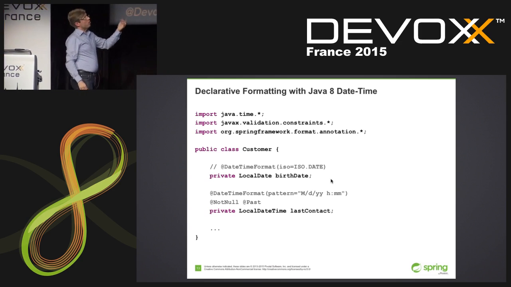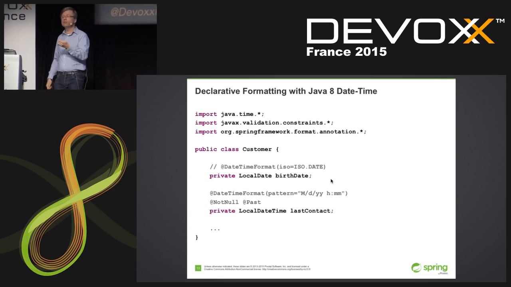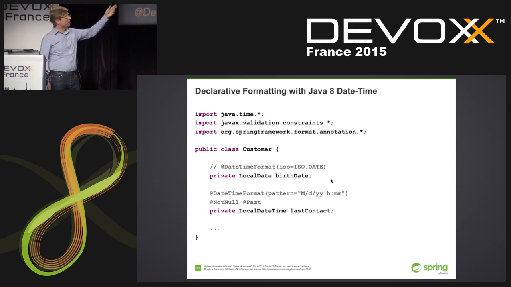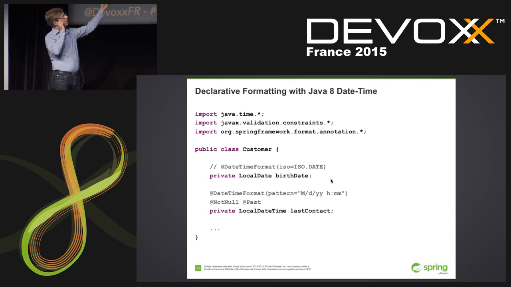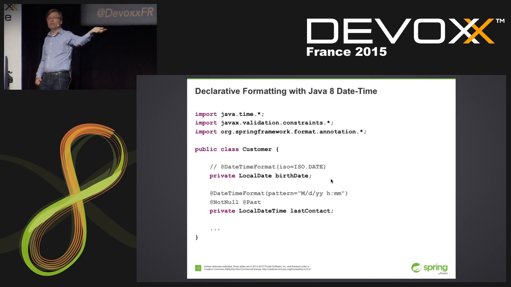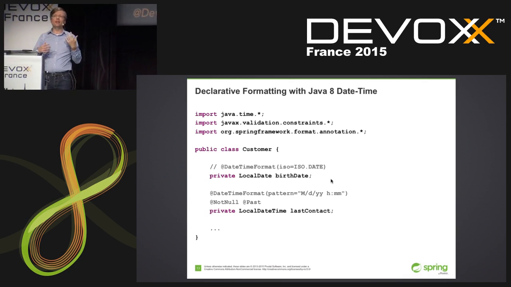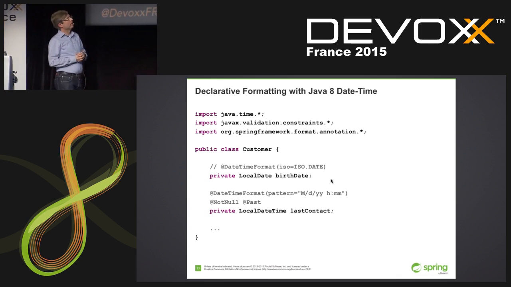And Spring's common way of fine-tuning those formatting rules is the @DateTimeFormat annotation, which is typically used next to constraint annotations. So if you have bean validation constraint annotations such as @NotNull and @Past, wherever you put those, you also put the @DateTimeFormat annotation. You can suggest a conversion and rendering pattern, for example, for dates.